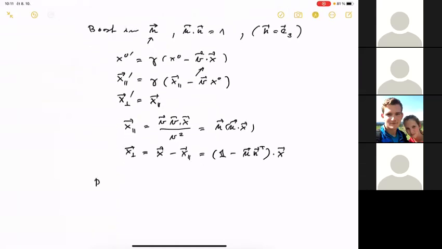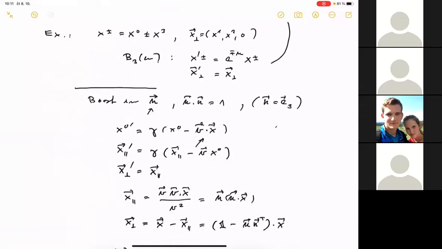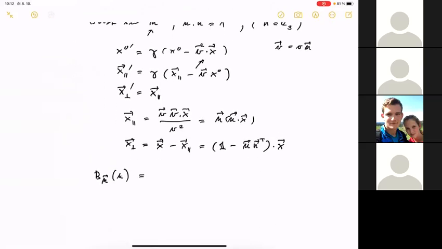So putting this into a matrix, we get the matrix for a boost along the direction n with rapidity u. This rapidity is defined in the same way as before, using the absolute value of the velocity. Note that the velocity here is, of course, the absolute value times the direction. We can write it as gamma here, minus gamma times the projector to the parallel component.